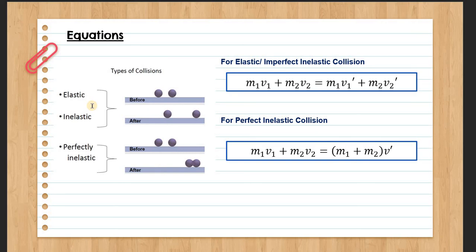But if they move together as one, they stick together after the collision, then the type of collision is perfectly inelastic collision, and then you can have this equation. Okay? So, ayun siya. So, those are the topics. I'll be sending this PDF so that you can also have the summary of the equations that you can use.